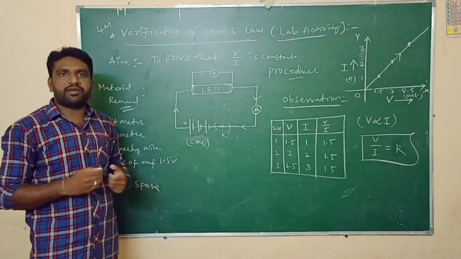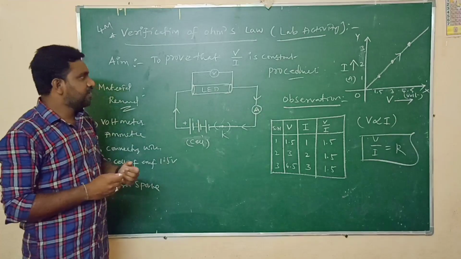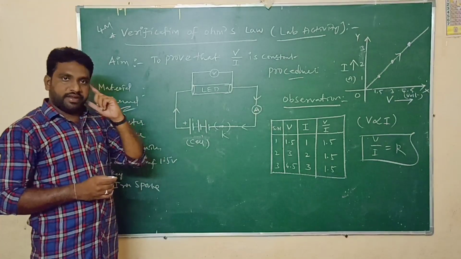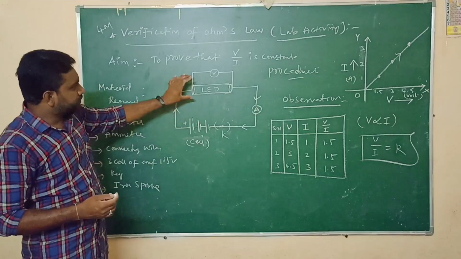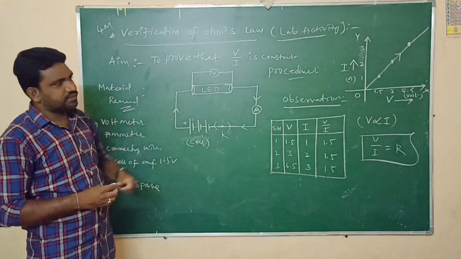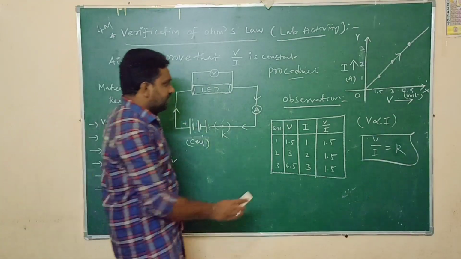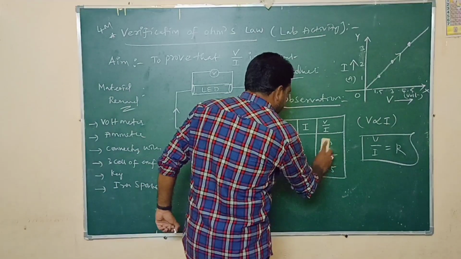Basically, all diodes are made up of semiconductor materials, which are nothing but silicon and germanium. Regarding semiconductors, I explained already. If we repeat the same process in case of semiconductors, the readings are not like this.